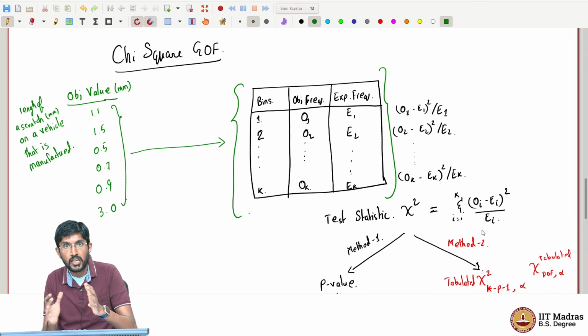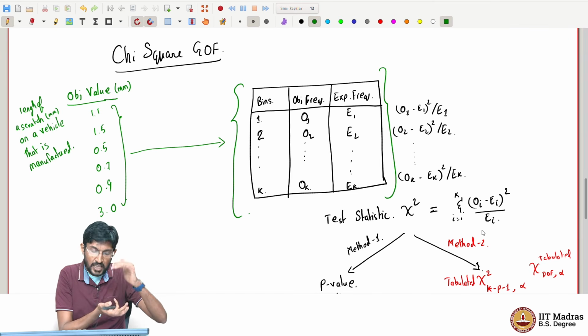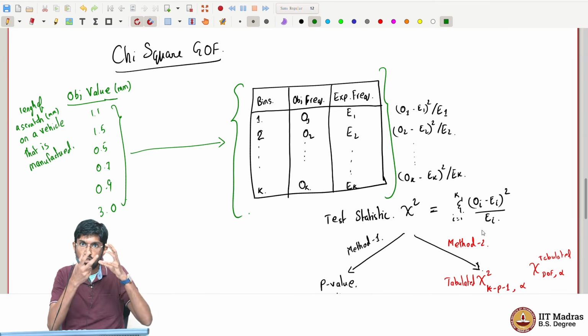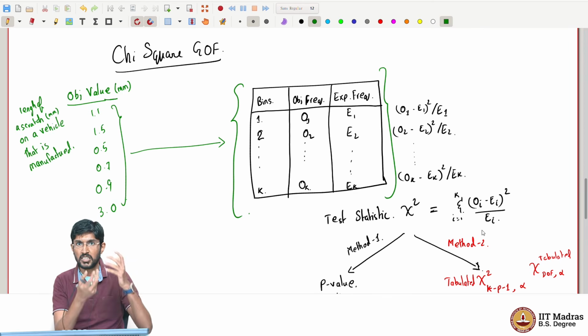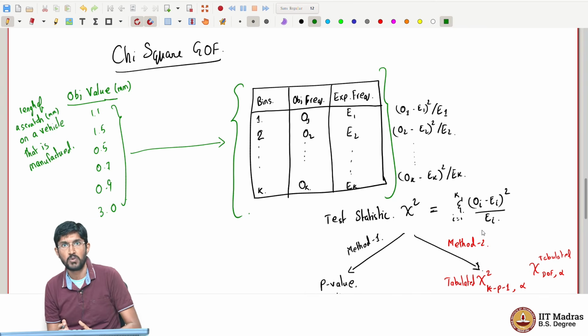So the objective of this entire tutorial is to show you how, given a data set like the observed values, with, let's say, length of scratch in mm or number of defects, and so on, given a list of observed values, you convert it into a frequency table.